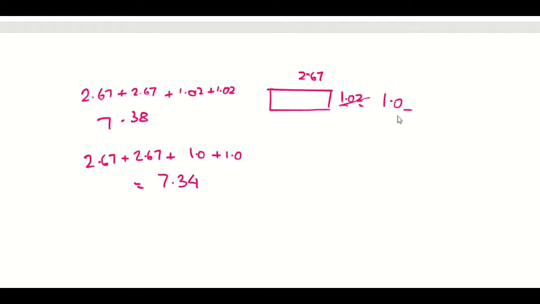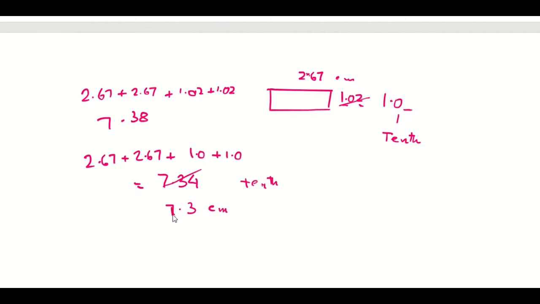So because this is accurate only to the 10th place, the final result should be accurate only to the 10th place. And this is to the 100th. So we cannot write it like that. It should become 7.3, okay, if these were all centimeters.